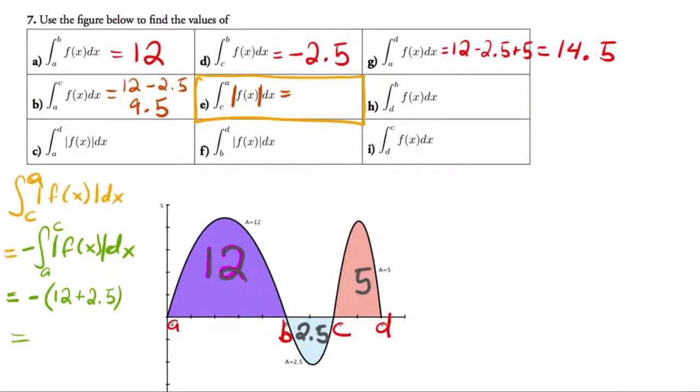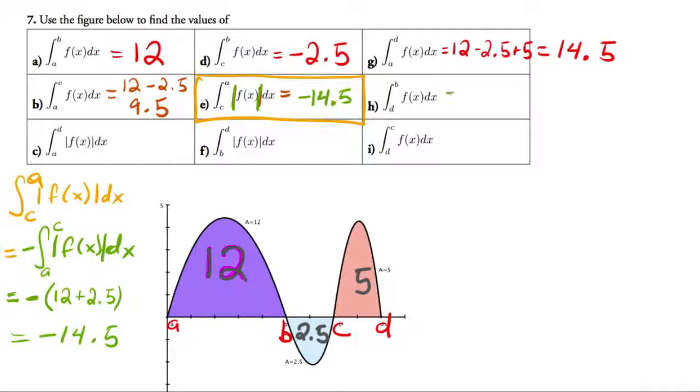But you have this negative sign out here, and so the answer is negative 14.5. This is totally counterintuitive because in the beginning you think, absolute value, it's going to end up being positive. But because you have to use the property to switch the limits of integration, it actually is a negative value.